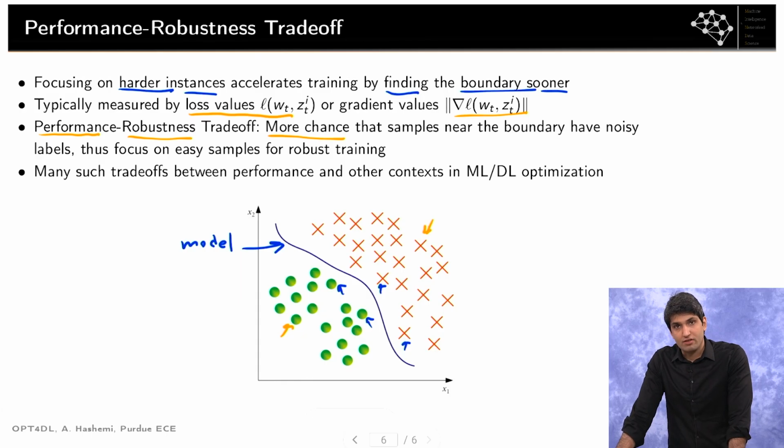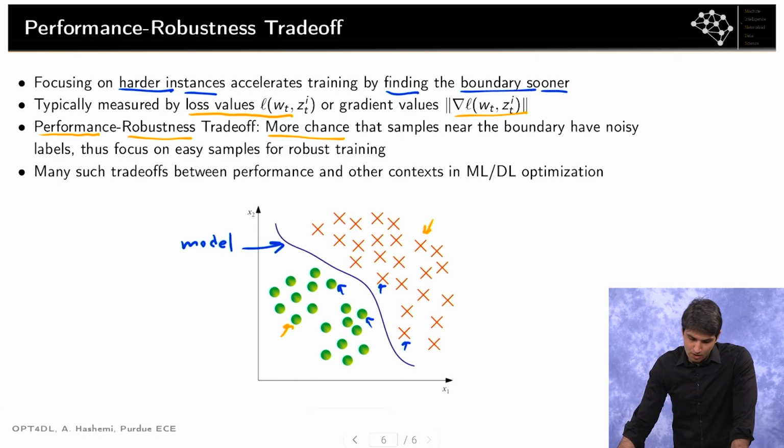If you are dealing with scientific data, you should expect to have noisy data points. Also, many times when we are labeling data sets, that process could be erroneous. Even for very carefully put together data sets such as CIFAR10 and CIFAR100, there are instances that are mislabeled.